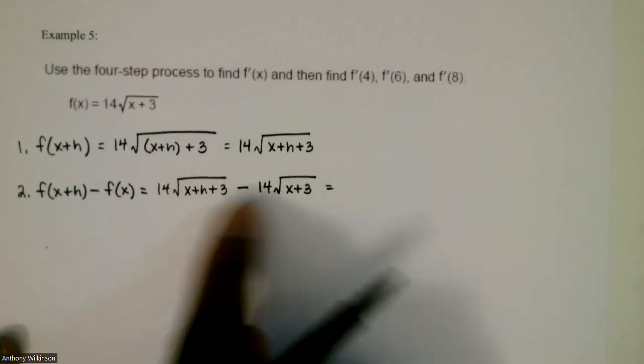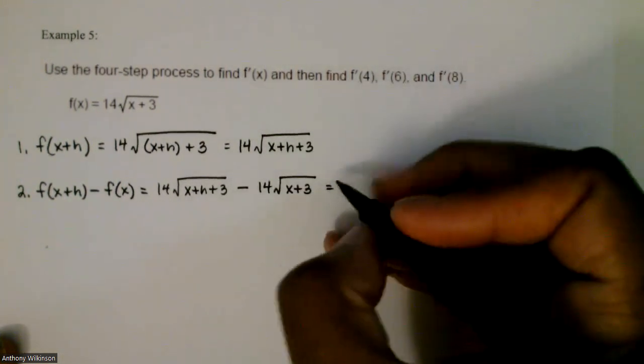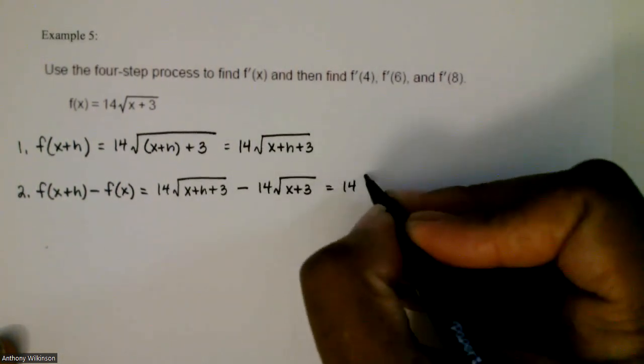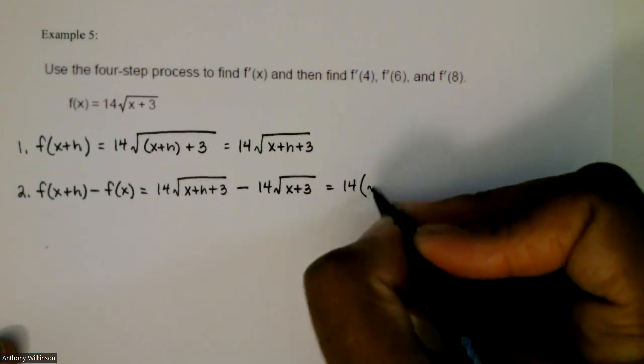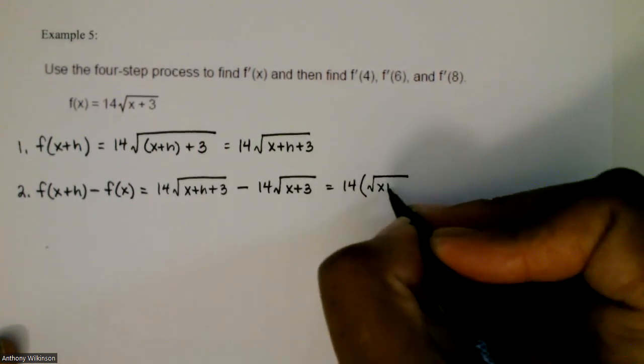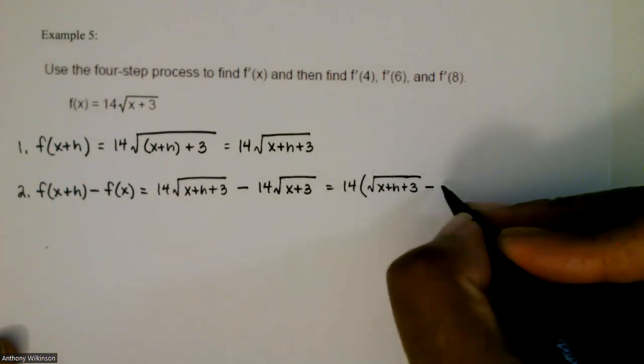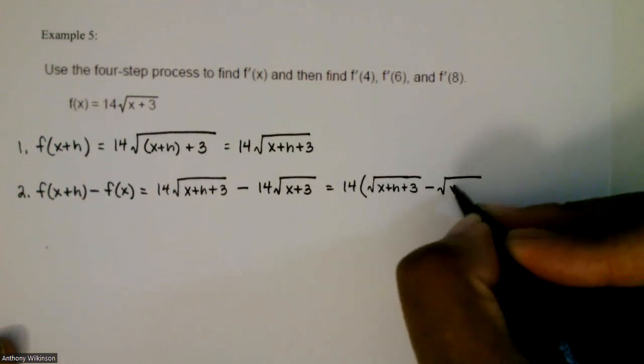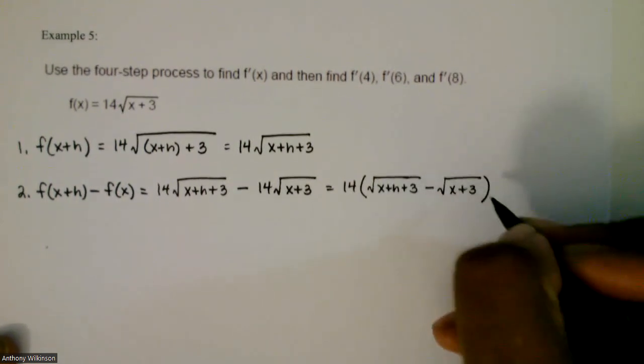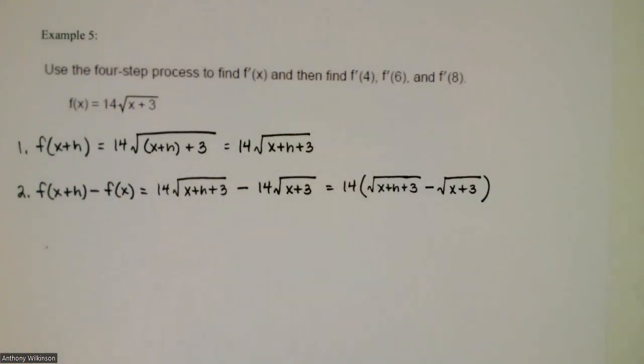Well, these two terms have the common factor of 14, so if I factor out the 14, this is what I have: 14 times, and in parentheses, the square root of x plus h plus 3 minus the square root of x plus 3. So that's step number 2.